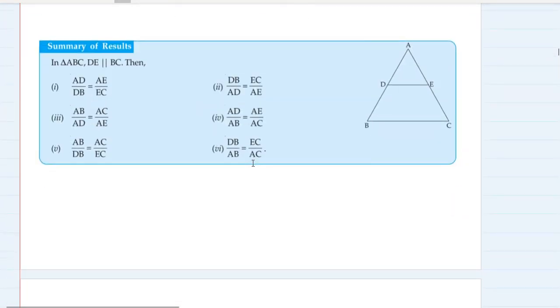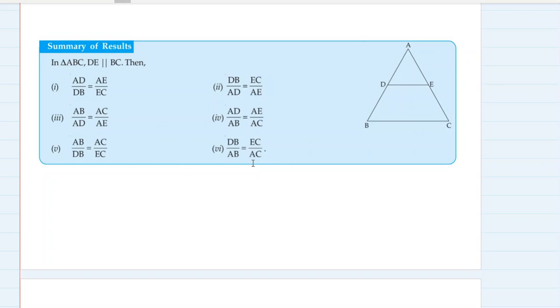Okay. So if you summarize the whole basic proportionality thing, you can say some important results. So there can be 6 important results. Let us understand these 6 important results.